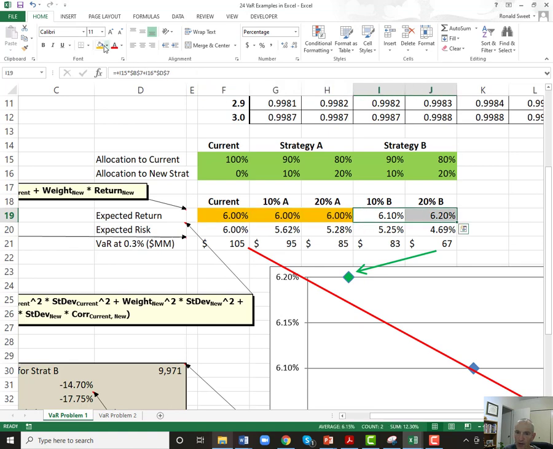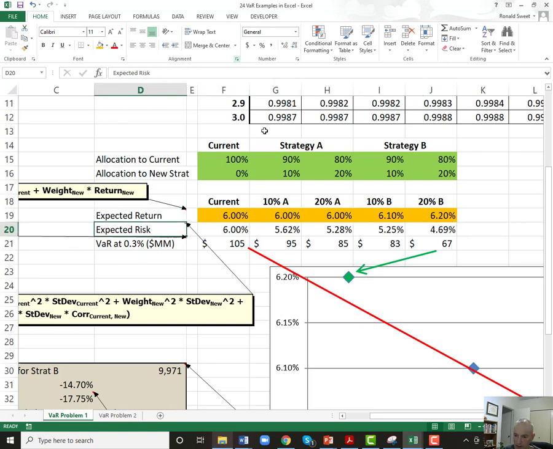With B, we'll get a slightly higher return. So right here, we have 90% times 0.06 plus 10% times 0.07, and that gives us 6.1%. Here we have 80% times 0.06 plus 20% times 0.07, and that gives us a 6.2% return. So the returns are just a weighted average of the returns.